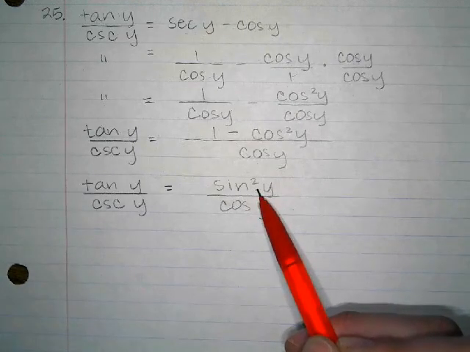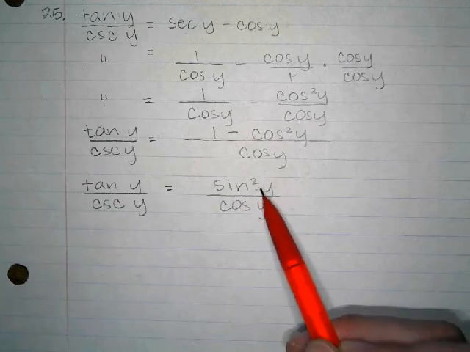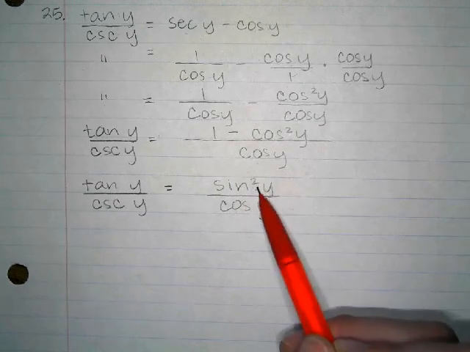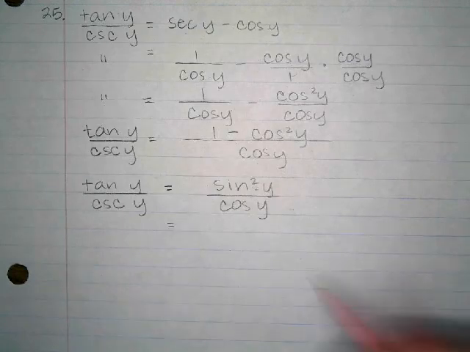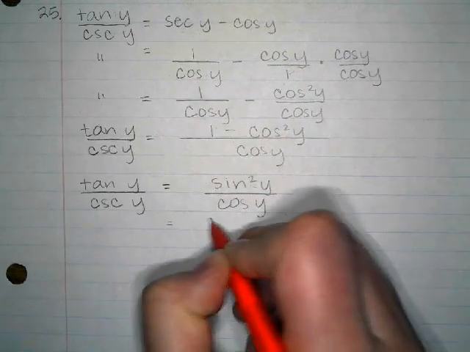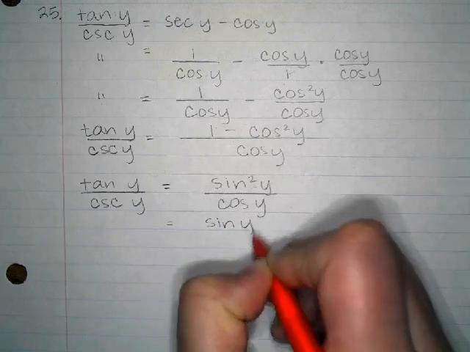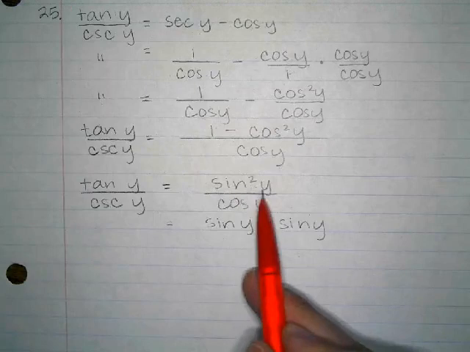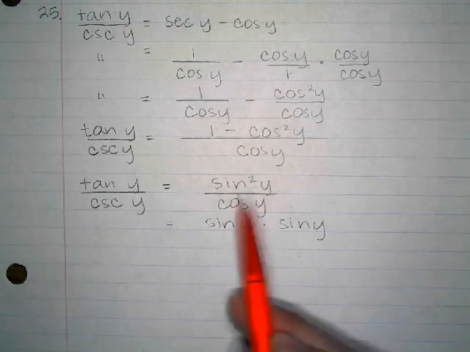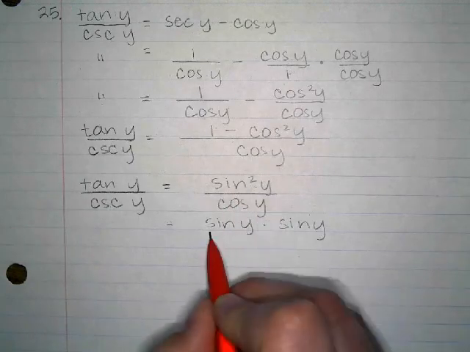What is sine squared? It's sine times sine. So we could split the sines apart and write them as expanded multiplication. So I'm going to do sine times sine, because that's the only way that I can kind of make the top bigger. I can't put plus signs, but I can put a multiplication sign there.